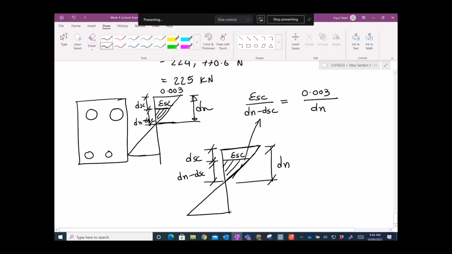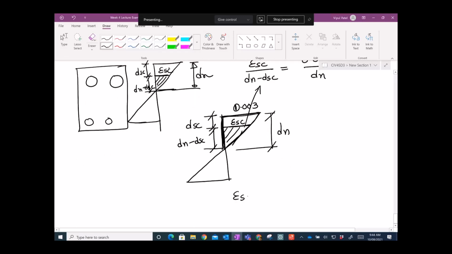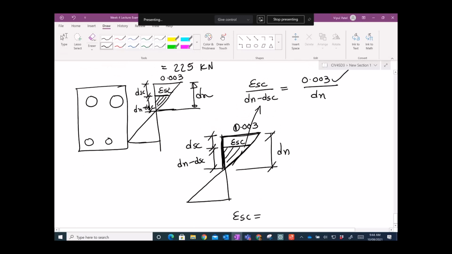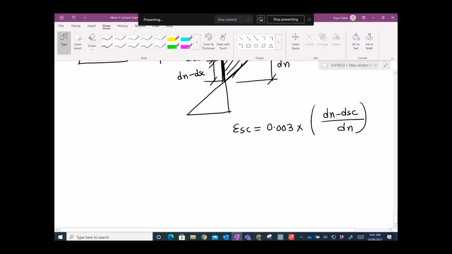And if I use this big triangle, I can make this horizontal distance, which is 0.03 concrete strain, over this vertical distance. So I want to find this ESC. ESC equals 0.03 times dn minus DSC over dn. So we need to calculate this dn because we have all the other values.